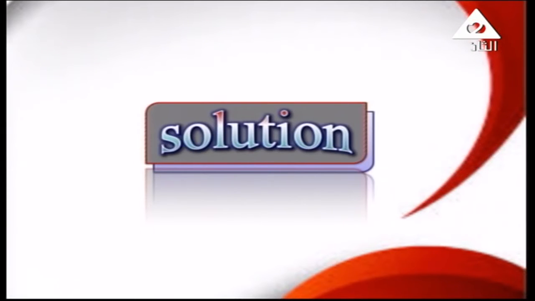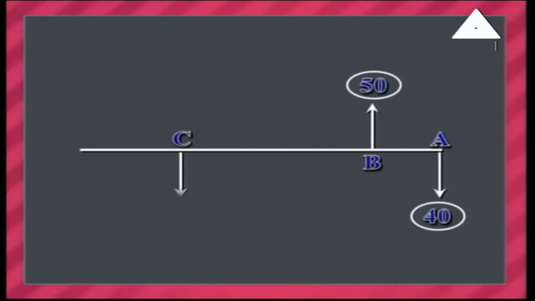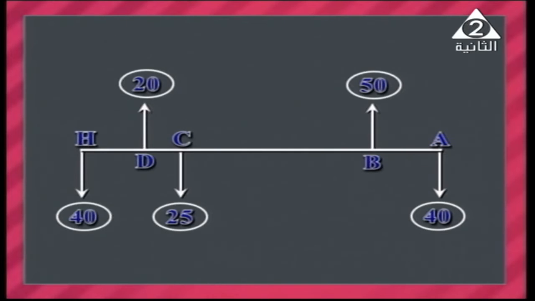Look at, my dear student, we have 5 points on the line AH: A, B, C, D, H. We have 3 forces at A, C and H in the same direction, downward: 30 at A, 25 at C, 40 at H. Also, we have two forces acting upward, at B 50 and at D 20.